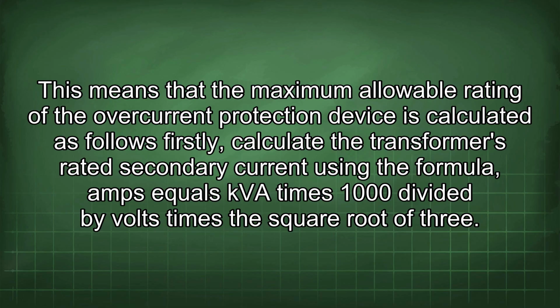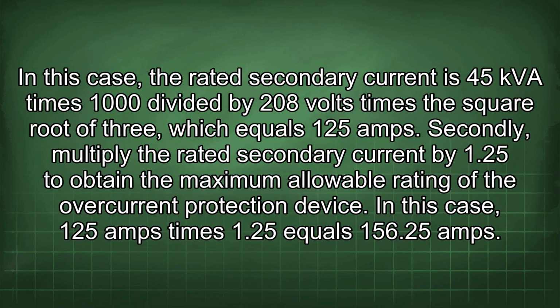Firstly, calculate the transformer's rated secondary current using the formula amps equals kVA times 1000 divided by volts times the square root of 3. In this case, the rated secondary current is 45 kVA times 1000 divided by 208 volts times the square root of 3, which equals 125 amps.